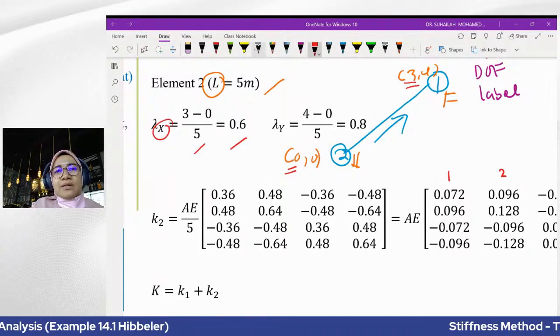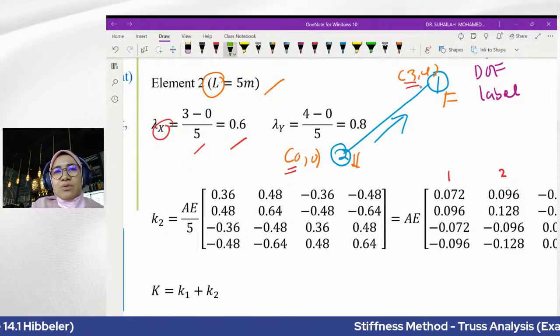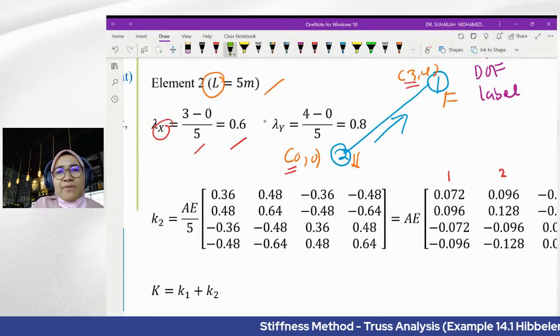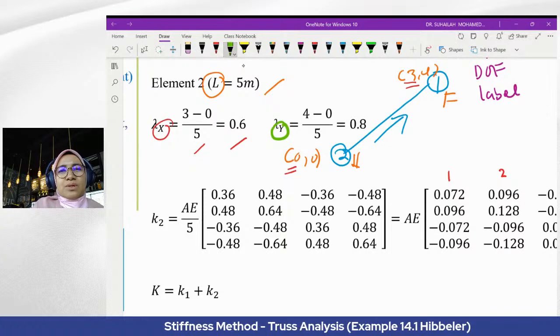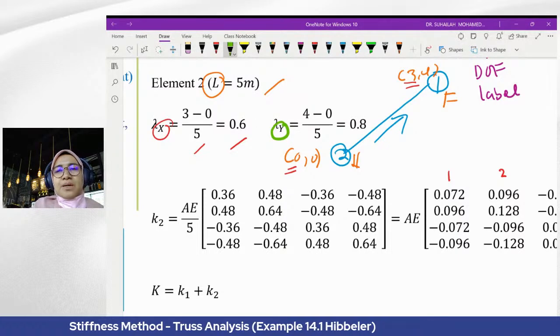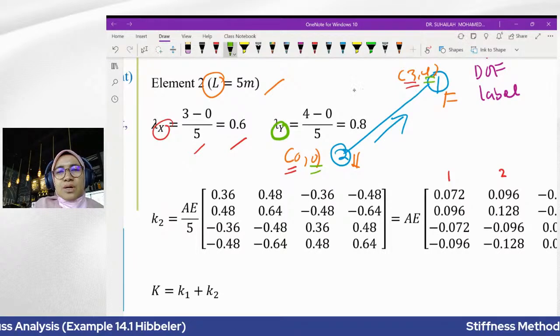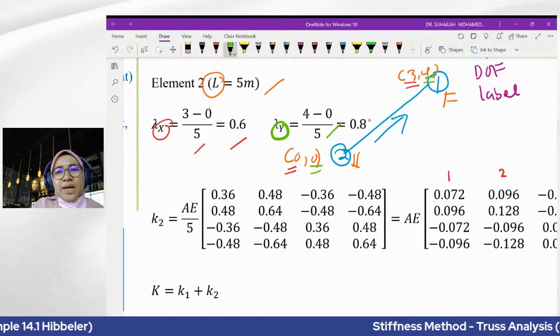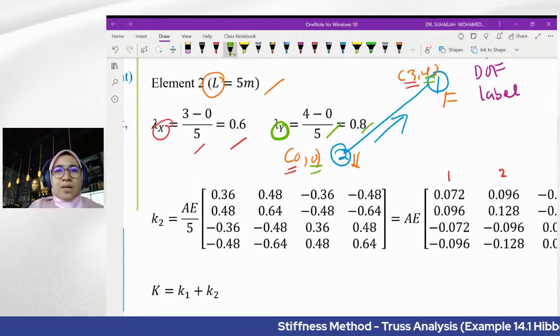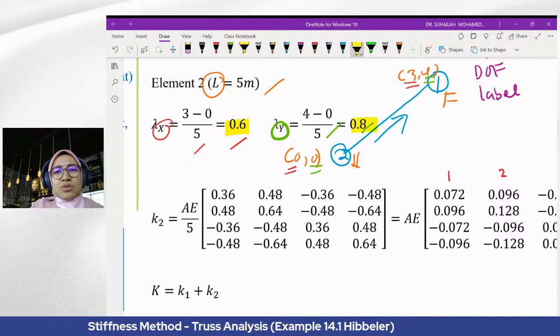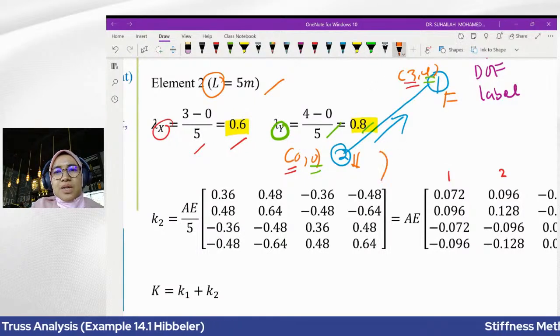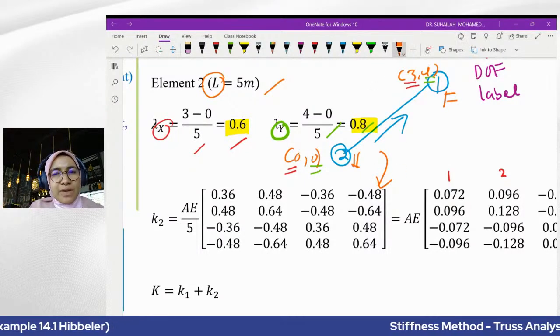For the y value, it is 4 minus 0 divided by 5, so we get 0.8. These 0.6 and 0.8 we substitute into the formula given.